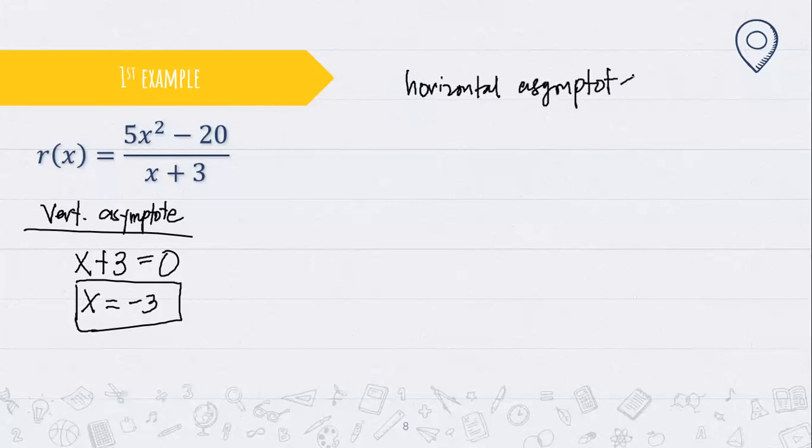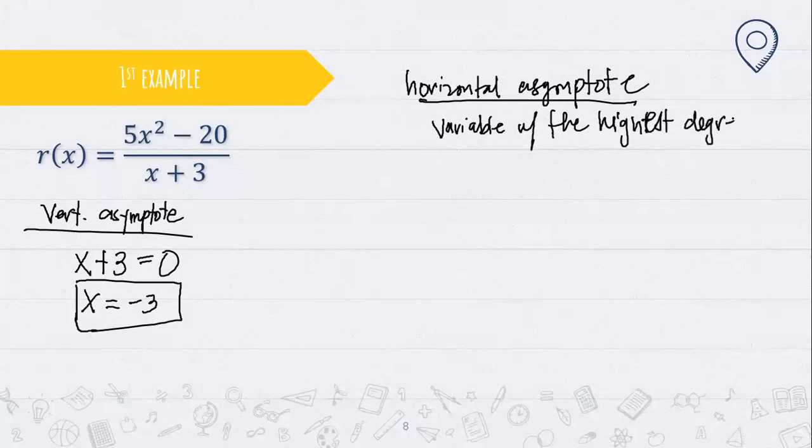Okay. Paano kunin sa horizontal asymptote? Step 1. Kunin si variable with the highest degree. Ano class yung variable with the highest degree sa ating function? By the way, class, ano yung degree kapag meron tayong function? Yung 2 po, sir. Opo, okay. Yung 2.